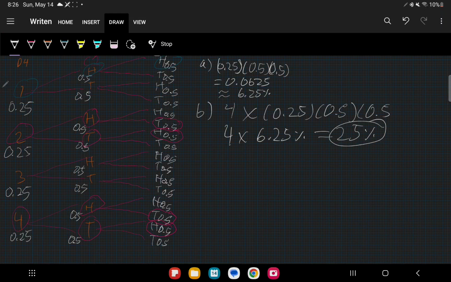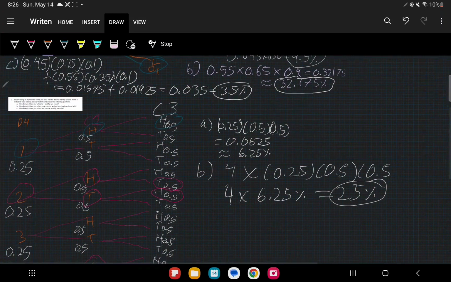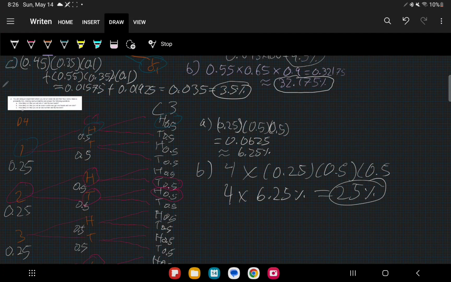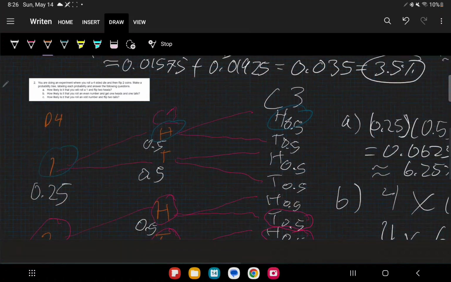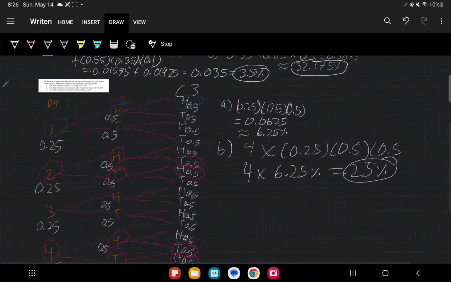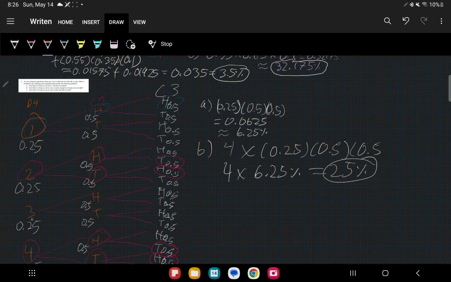Now let's go ahead and do one more. So the last one, how likely, so I'll zoom in, how likely is it that you roll an odd number and flip 2 tails? So I want to roll either a 1 or a 3, and I'm going to flip 2 tails. So if we pick 1 and 3, travel down.